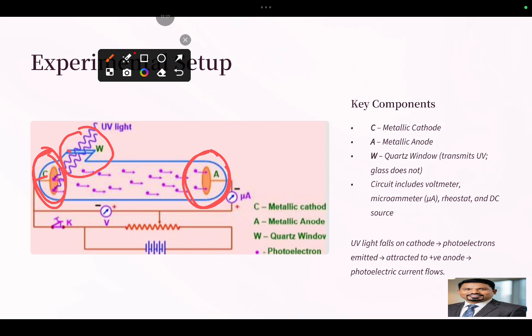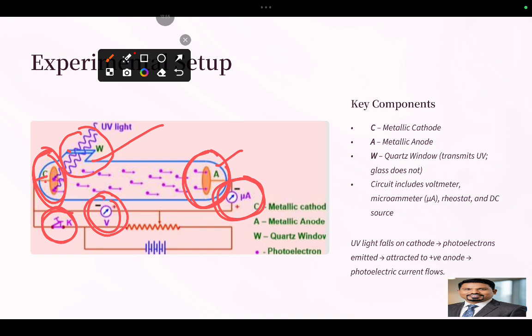The circuit consists of a plug key, voltmeter and ammeter. The ammeter is used to measure current, the voltmeter to measure the potential, and the plug key to supply the power. Here C is a metal cathode plate, A is the anode plate, and W is called the quartz window.